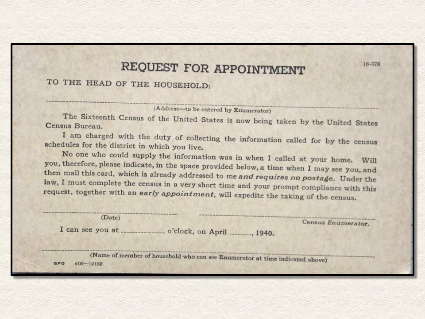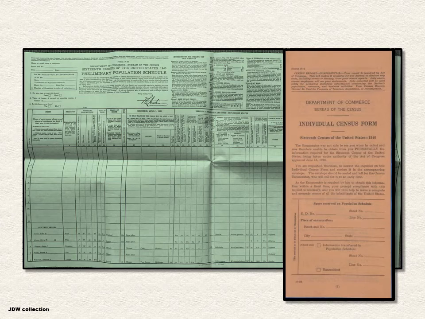Here is a card that they were given, a bunch of these, so that you would put it in the mailbox of people who were not home. You could give them an individual census form and leave it to pick up later, or that larger form was for a family. And so people were given an opportunity, even if they weren't home, to participate.